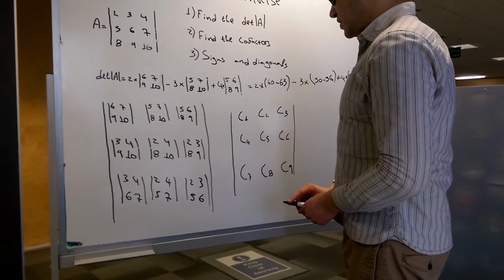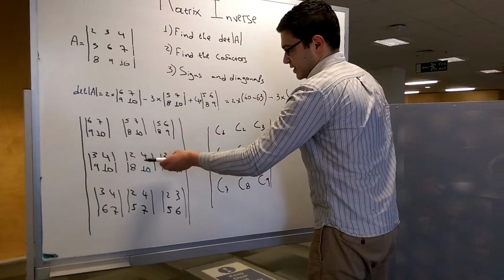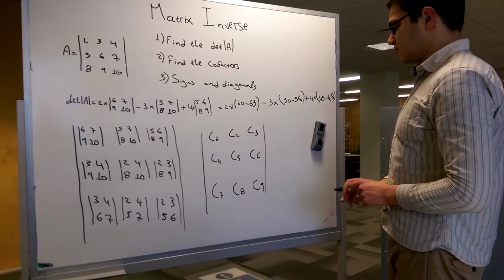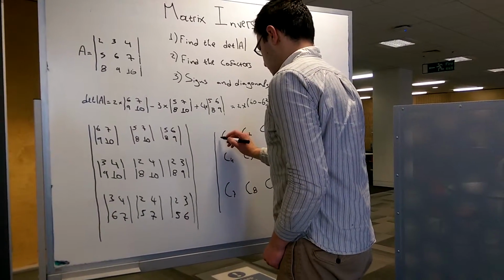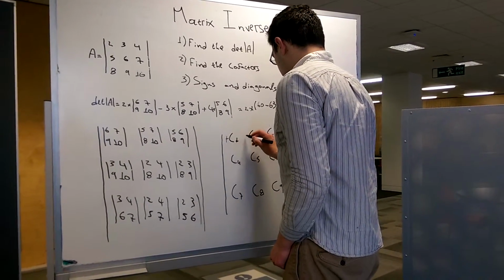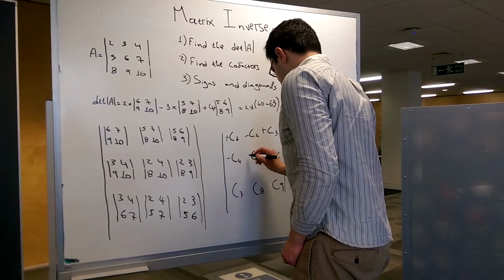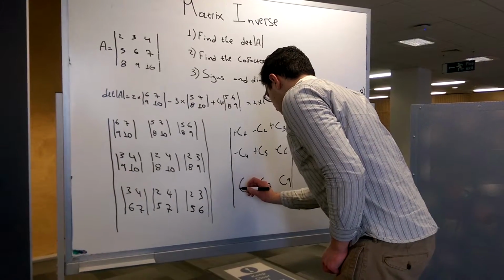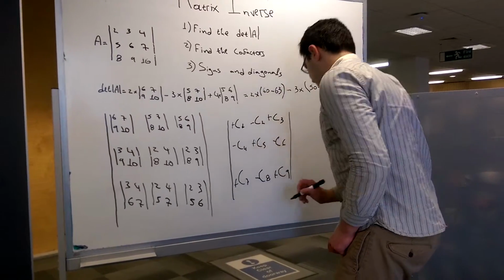So these will be the matrix with your cofactors once you calculate those determinants. And then what you do is that you put plus and minus signs in front of your cofactors: plus, minus, plus, minus, plus, minus, plus, minus, plus.